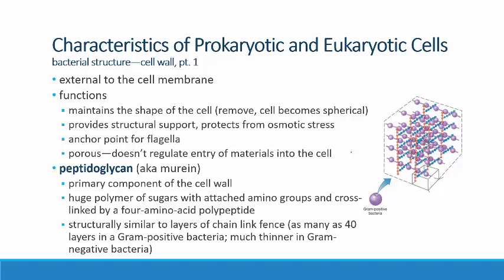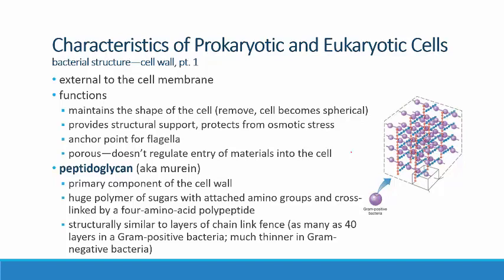It also provides anchor points for structures like flagella, and because it's very porous, it doesn't have any role really in regulating what can go into or out of the cell. That function is limited really to the cell membrane itself.